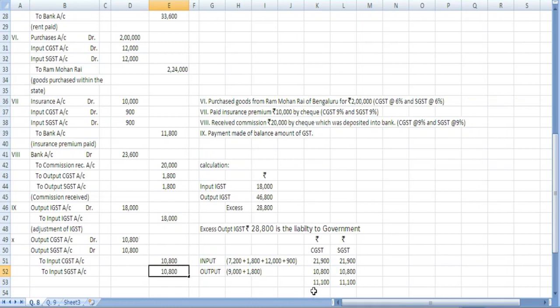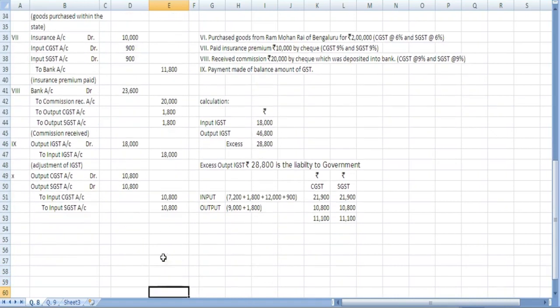Now the excess of 11,100, this is the final payment. We'll write here adjustment of CGST and SGST.